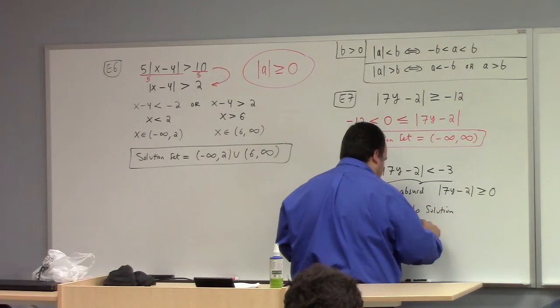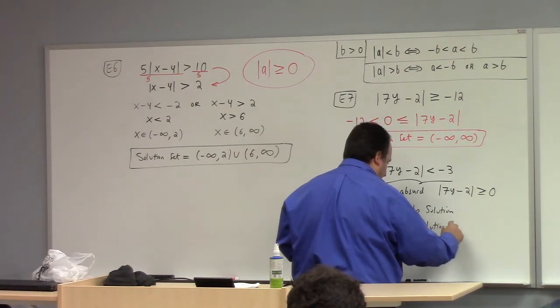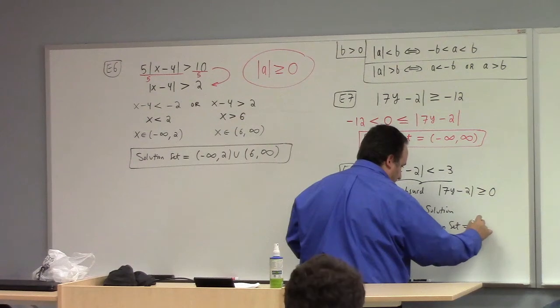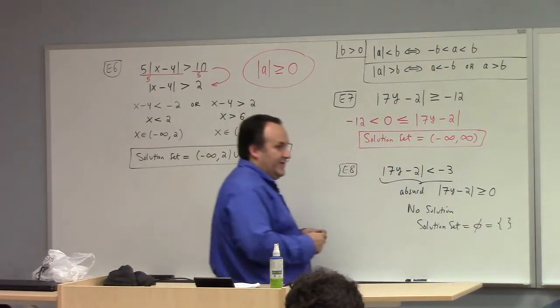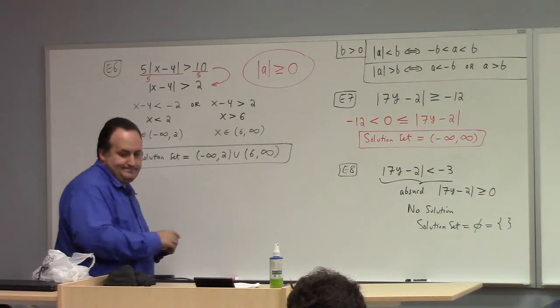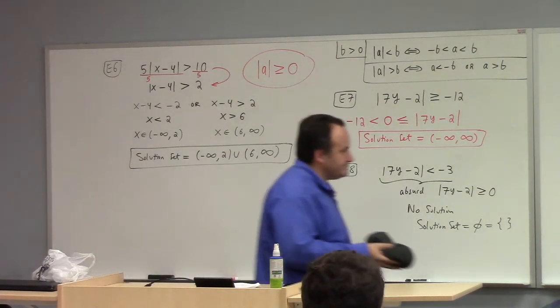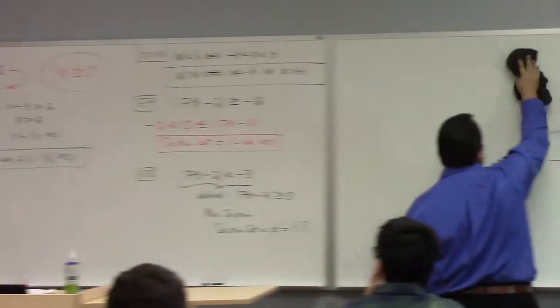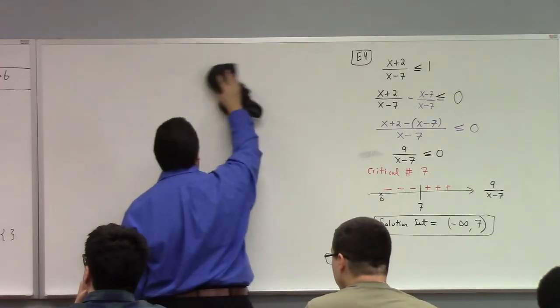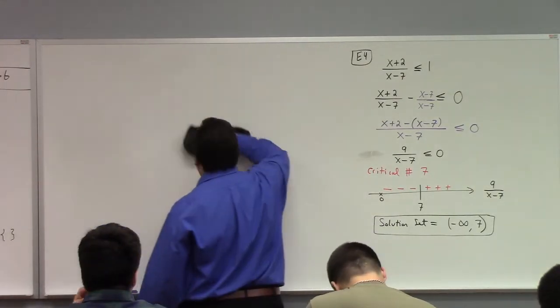In other words, the solution set is what? It is the empty set, or sometimes you write it like this: curly brackets with nothing in the middle. On the test, we write no solution. Yeah, that'll work. It depends on the wording.